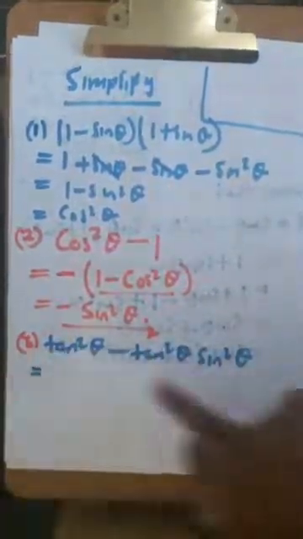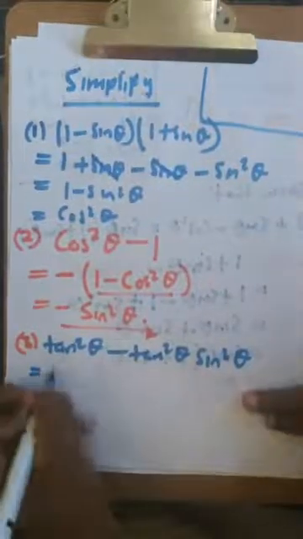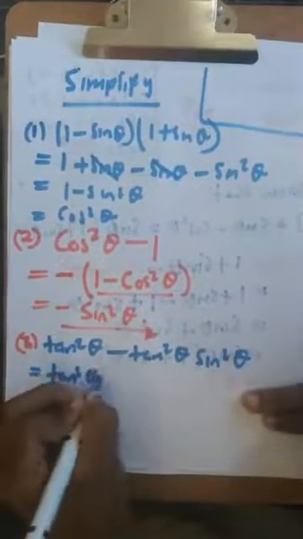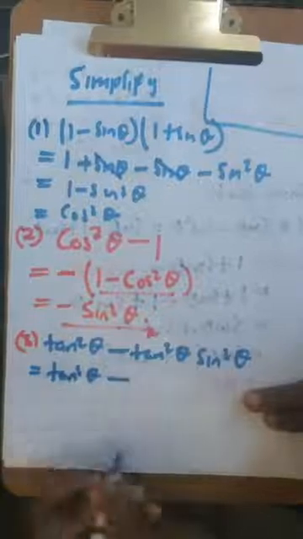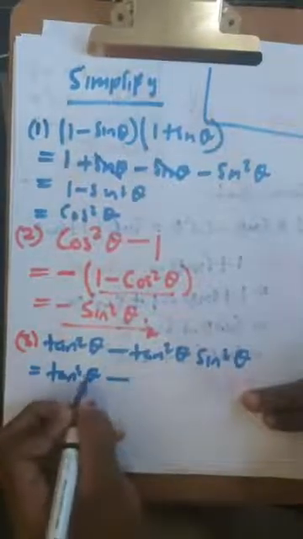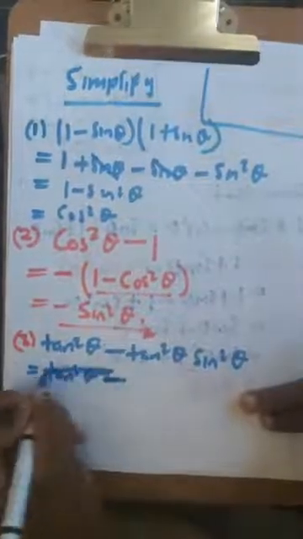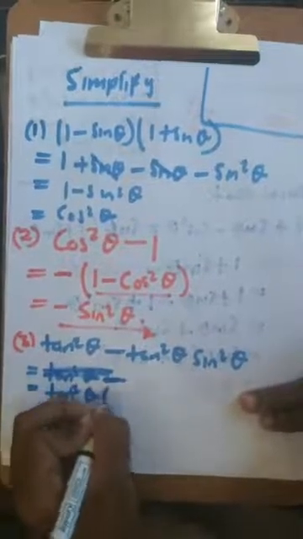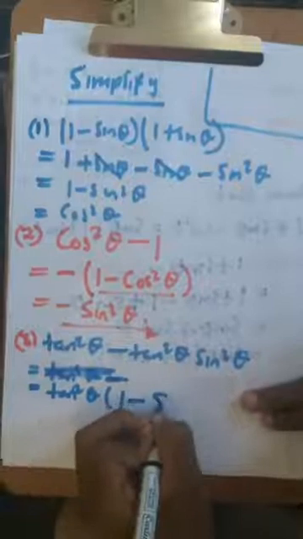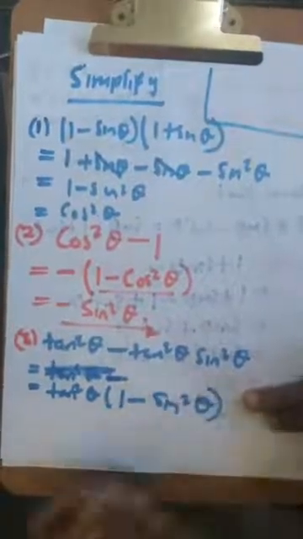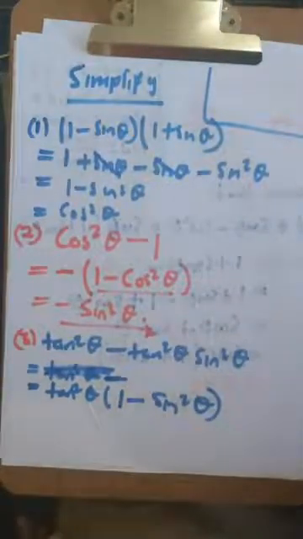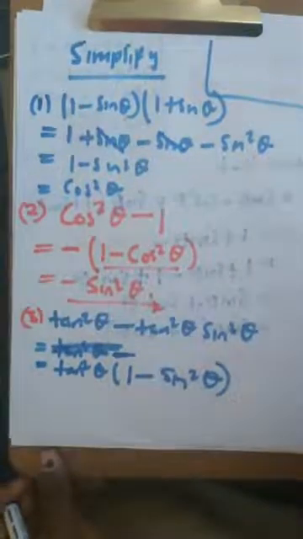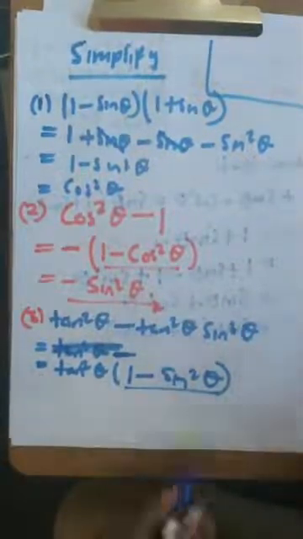Common factor, I give you a common factor, which is tan square theta, so 1 minus sine square theta. What is 1 minus sine square theta? Cos square theta.